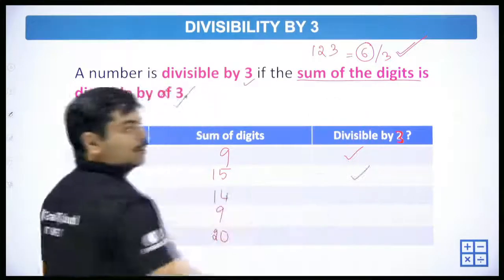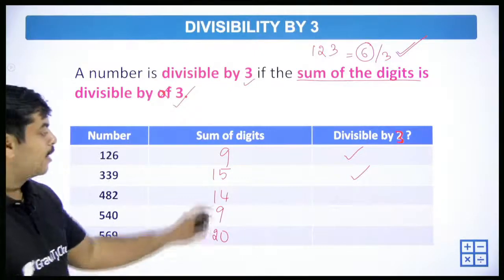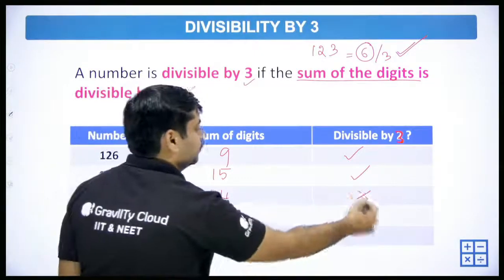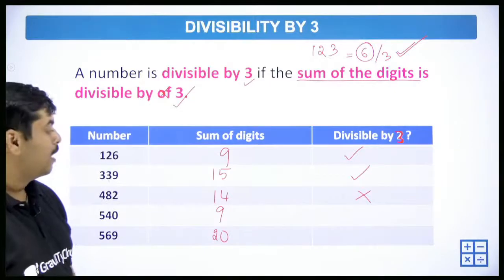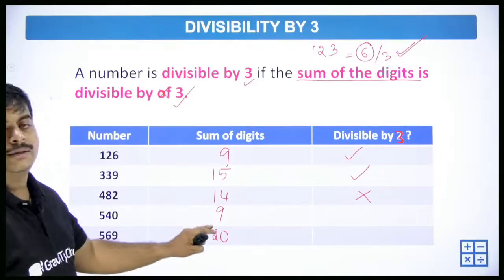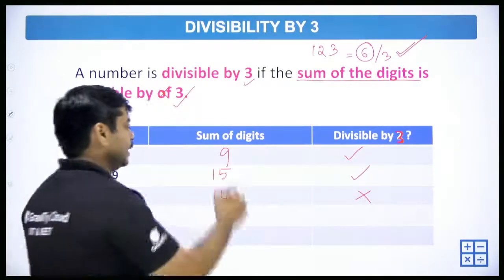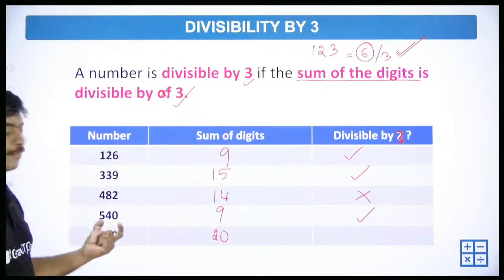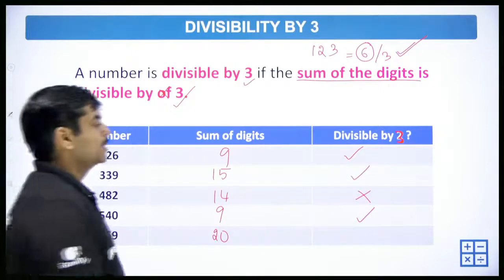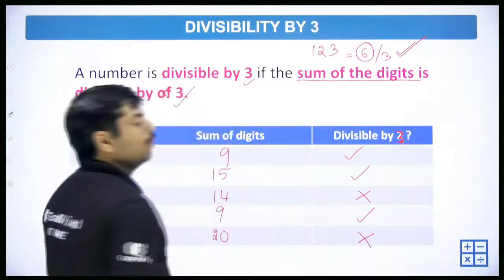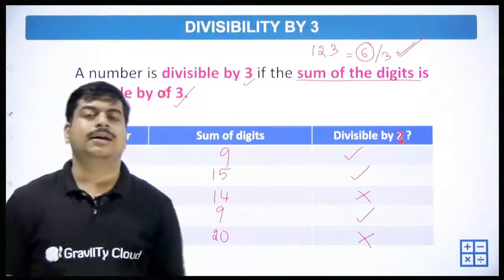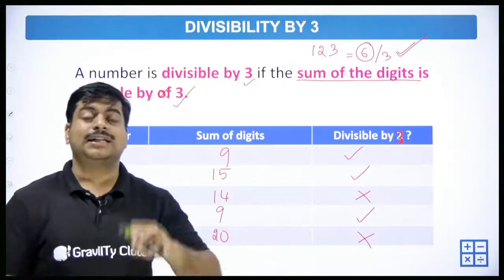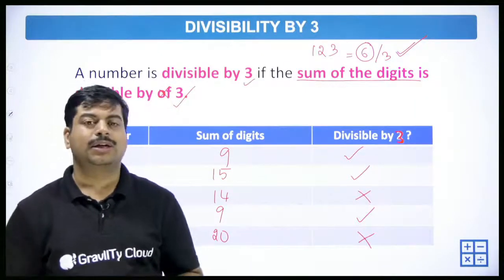Yes, it is divisible, 3 into 5. 14? No. What about the 9? 9 is divisible, again it is divisible by 3. So the complete number 540 is divisible by 3. 20 is not divisible by 3. So this is how you can understand whether a given number is divisible by 3 or not.